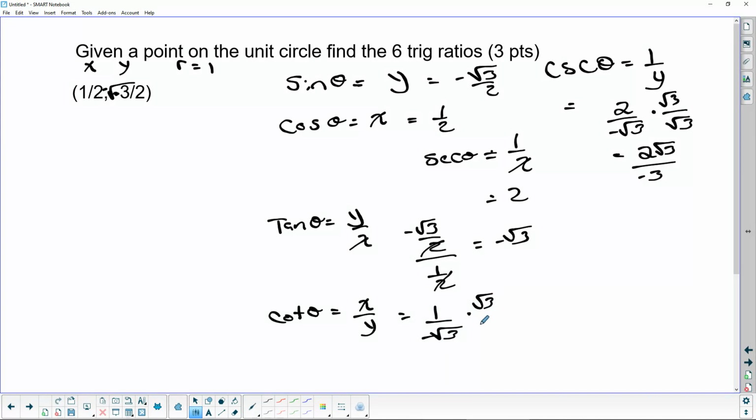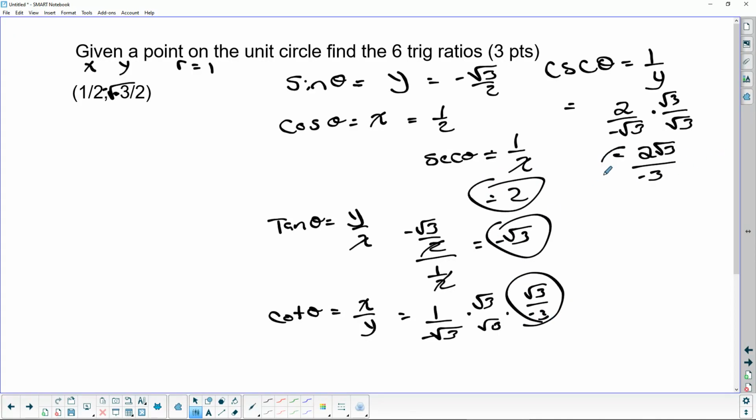Rationalize it, and you have root 3 over negative 3. Okay, simple like that. And the one on the exam, it's going to be one that comes off of the unit circle. So it'll be as easy as looking up sine and cosine. And the rest you have to do a little bit of calculating.